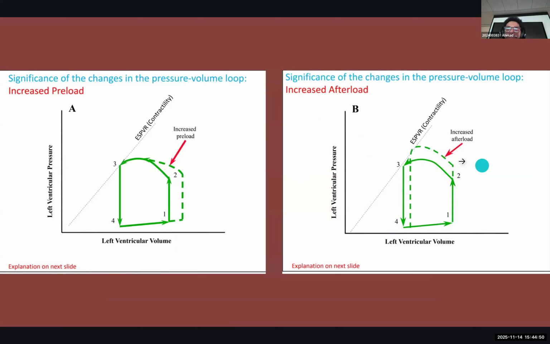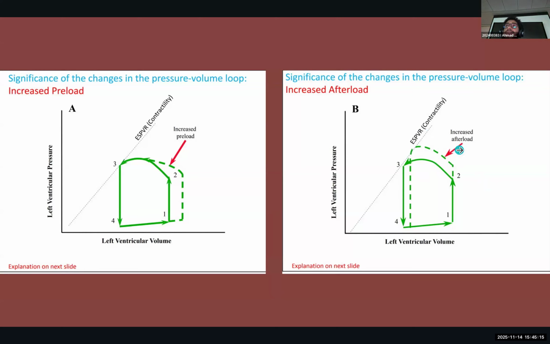The afterload, think of it like a wall. It's the pressure that we need to overcome in order to push the blood out of the heart. It's basically the pressure in the aorta, because remember, the ventricle's pressure needs to exceed the aortic pressure in order for it to release the blood to the rest of the body.